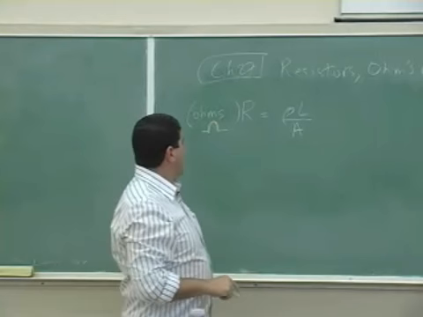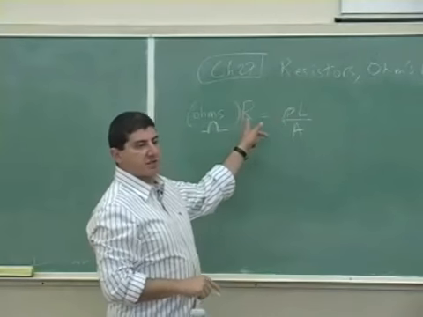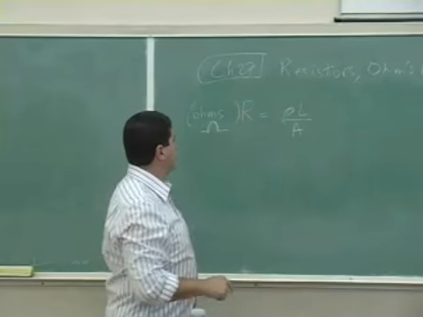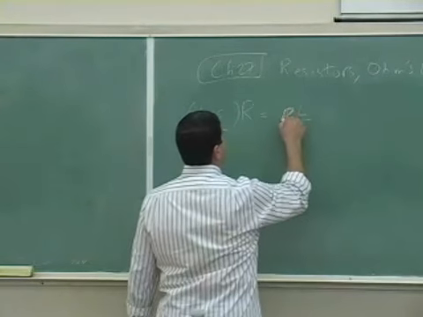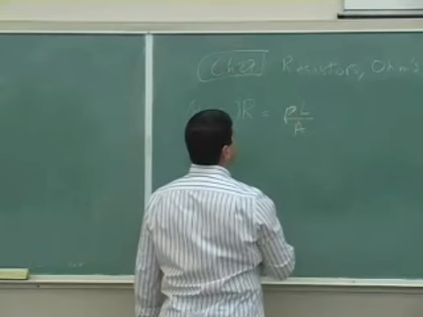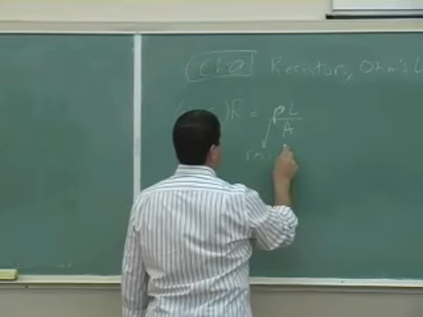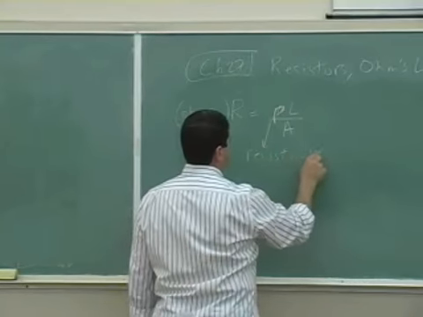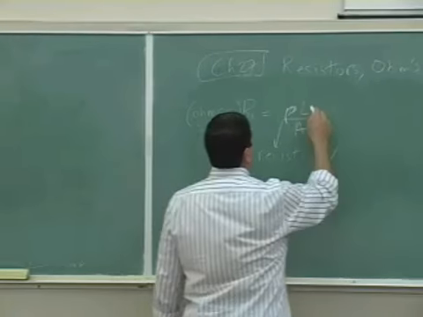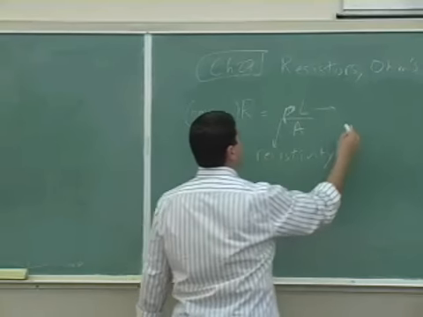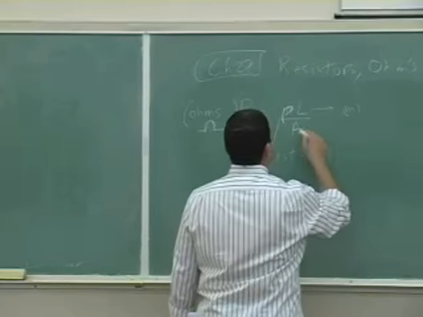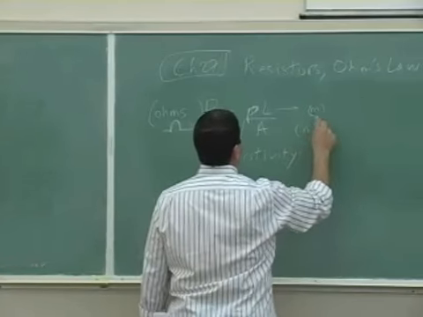Okay, and then the resistance of a resistivity, this is one of the formulas here, is equal to the rho here is resistivity. The length here is meters, of course, and then the area is meter square.